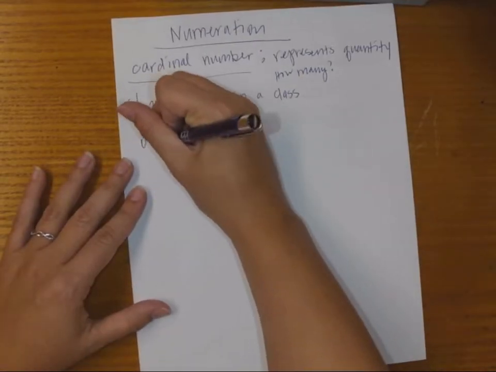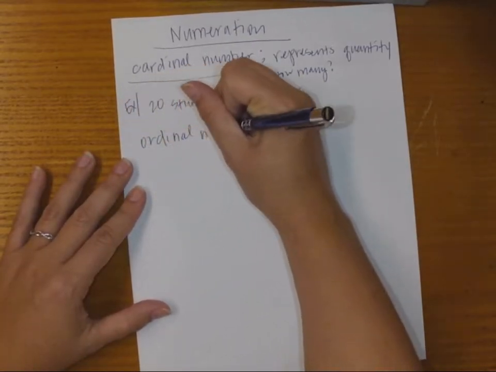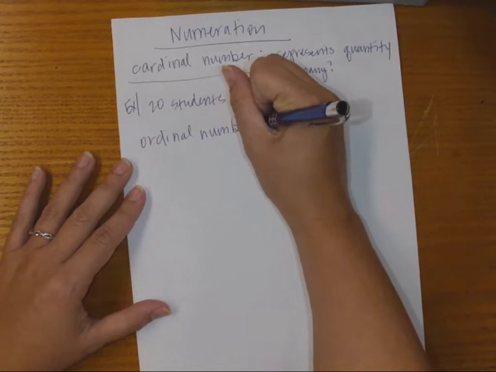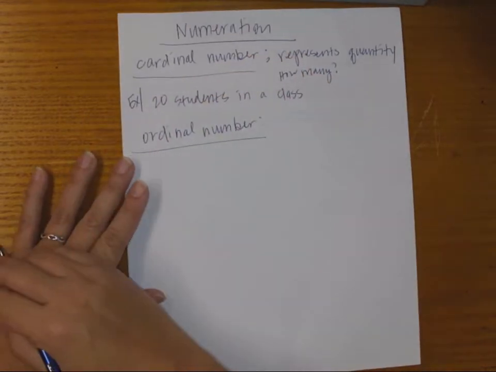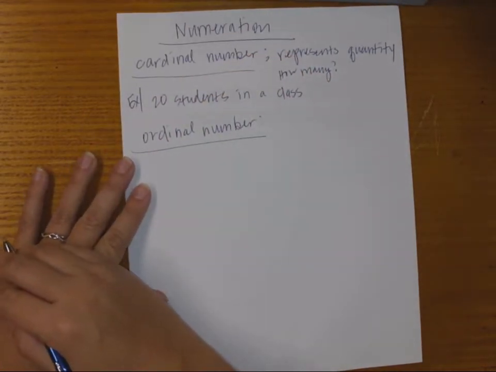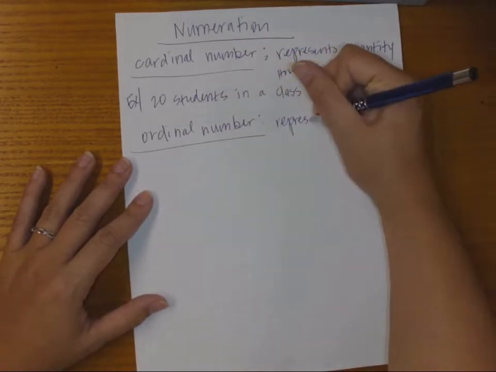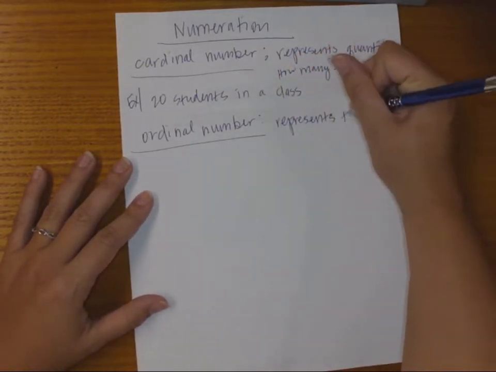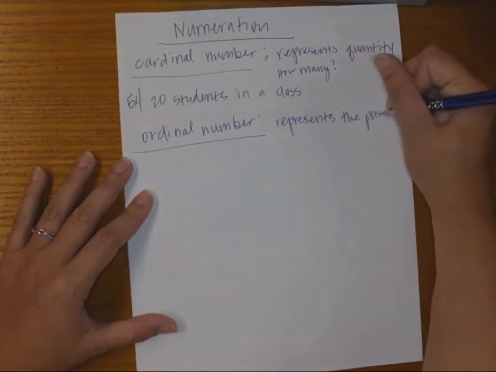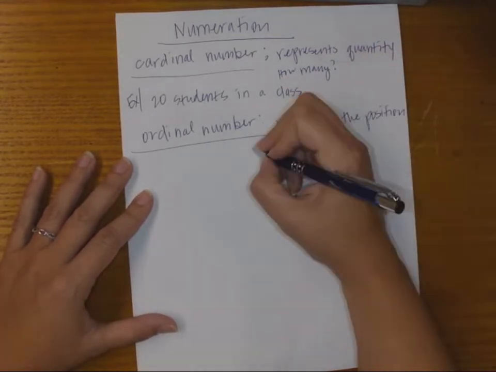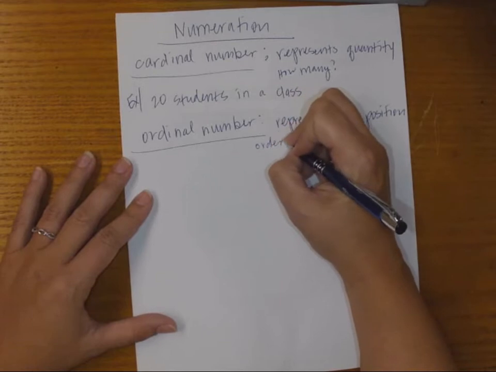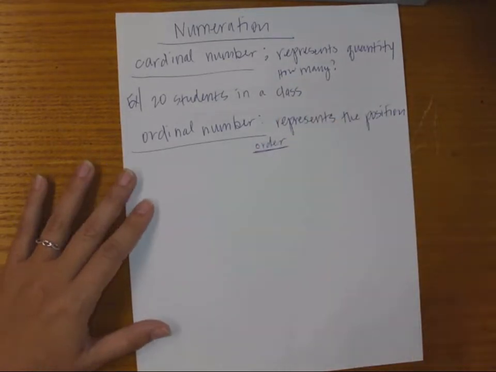An ordinal number represents the position, or it tells the order. Okay, so it represents the position. It tells the order of something.